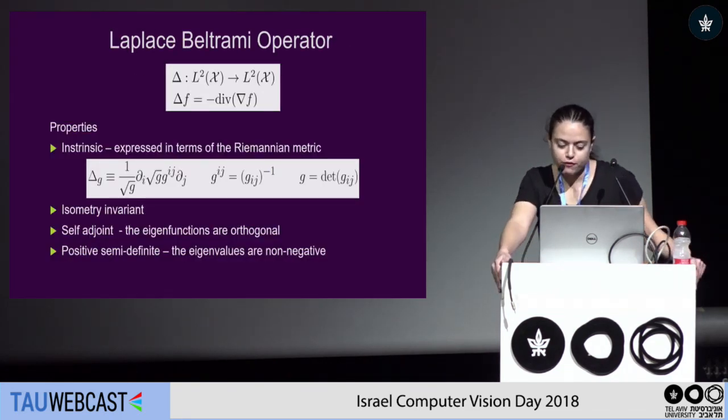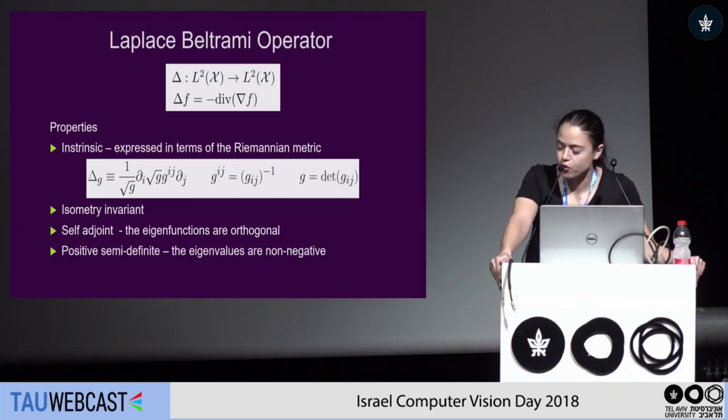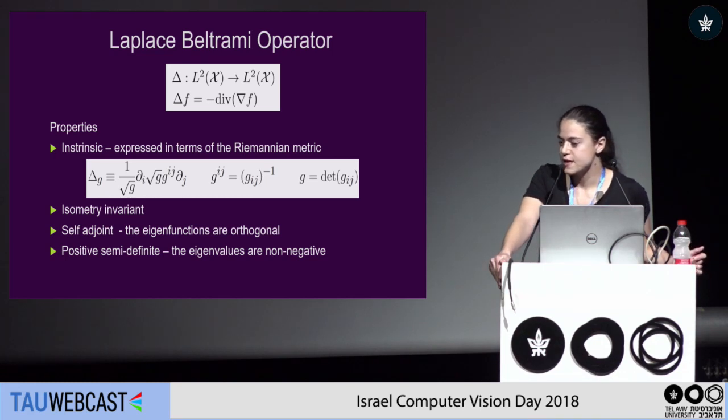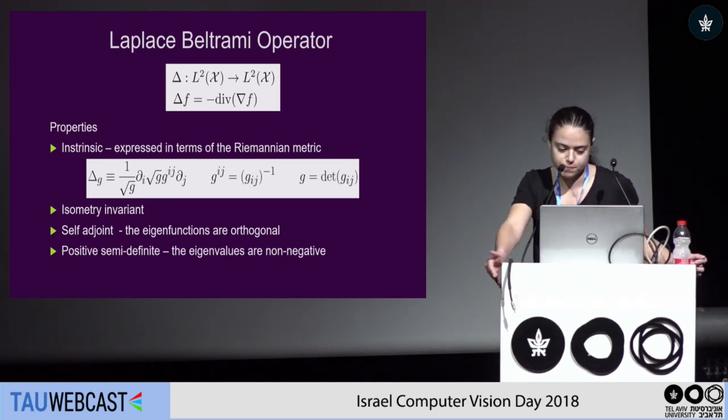Okay, a very fundamental operator that one can define on surfaces is the Laplace-Beltrami operator, which is a generalization of the Laplacian operator from Euclidean spaces to curved domains. The eigendecomposition of this operator generalizes the notion of Fourier basis and Fourier transform, and basically we can represent any scalar function defined on the surface using a series of these functions.